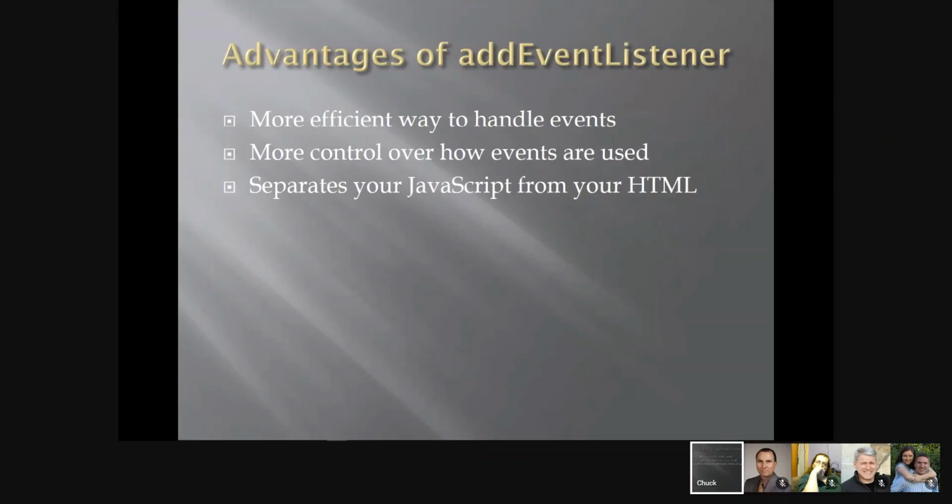One of the advantages of using addEventListener that I didn't actually list in this code, something I was trying to play around with, is that you can have multiple events or functions, I'm not sure of the exact terminology, multiple in one thing.